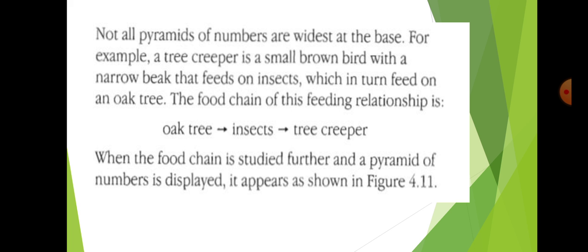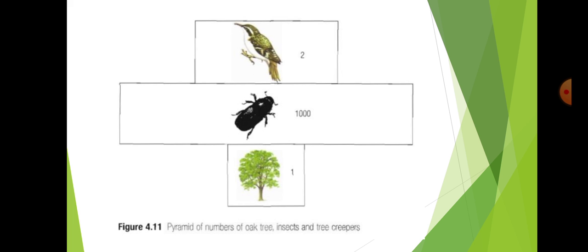When the food chain is studied further and a pyramid of number is displayed, it appears as shown in figure 4.11. So as we can see, the size of the pyramid depends on the number of species present in that pyramid.